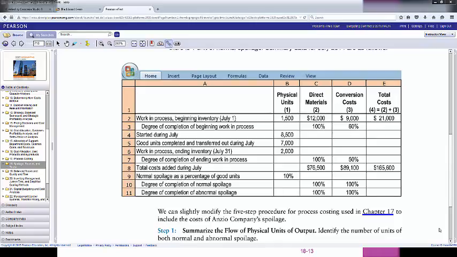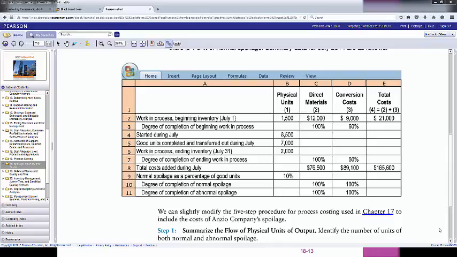Therefore, if you add those two numbers up, you've got a total of $21,000 that we've got to bring forward into the month of July and add the additional direct materials and the additional conversion cost incurred in July to that number. Then, using the weighted method, we basically average a per unit cost for those different direct materials and conversion cost categories, and then we'll apply that number on.